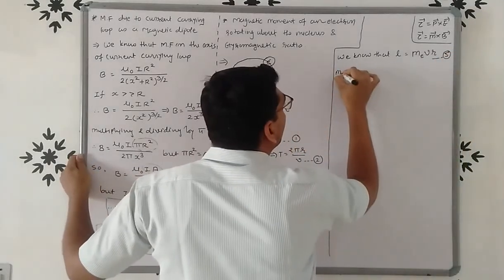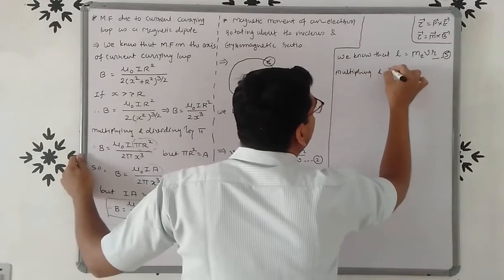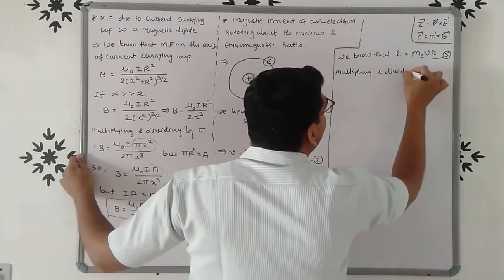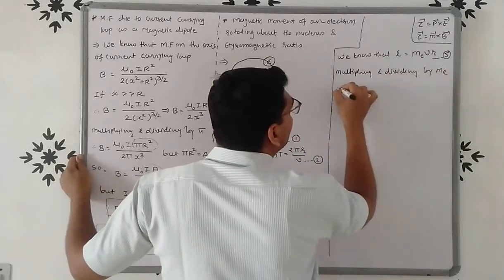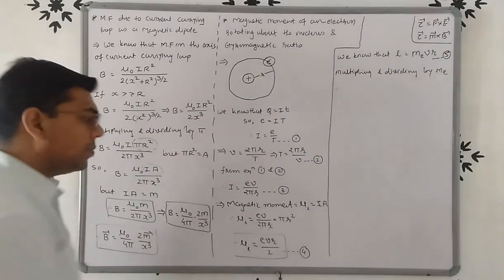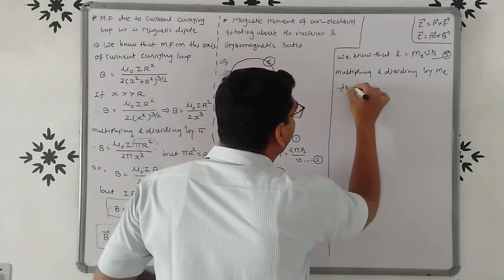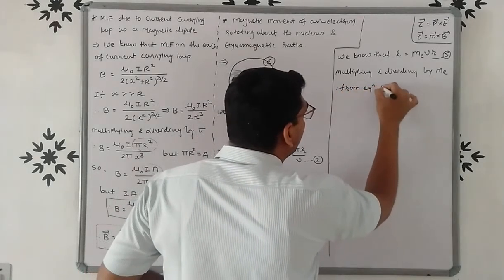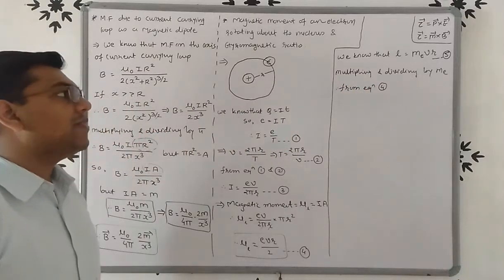So multiplying and dividing by m e, we get mu L is equal to, from equation number 4, here we multiply and divide by m e.